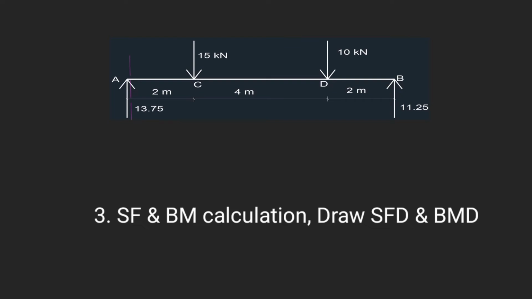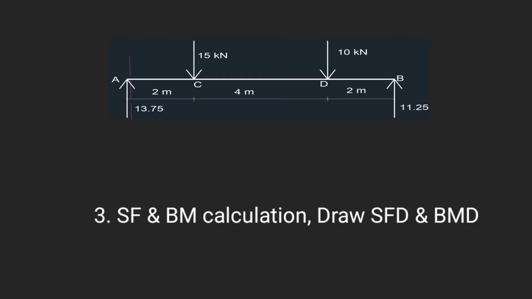Our next step is to draw the shear force diagram and bending moment diagrams. For this, first we have to calculate the shear forces and bending moments at each location of the beam. Here again we use the concept of equilibrium. If we cut the beam at any location, the internal forces at that point should balance with the external loading at the left or right side of the section, so that equilibrium is maintained.